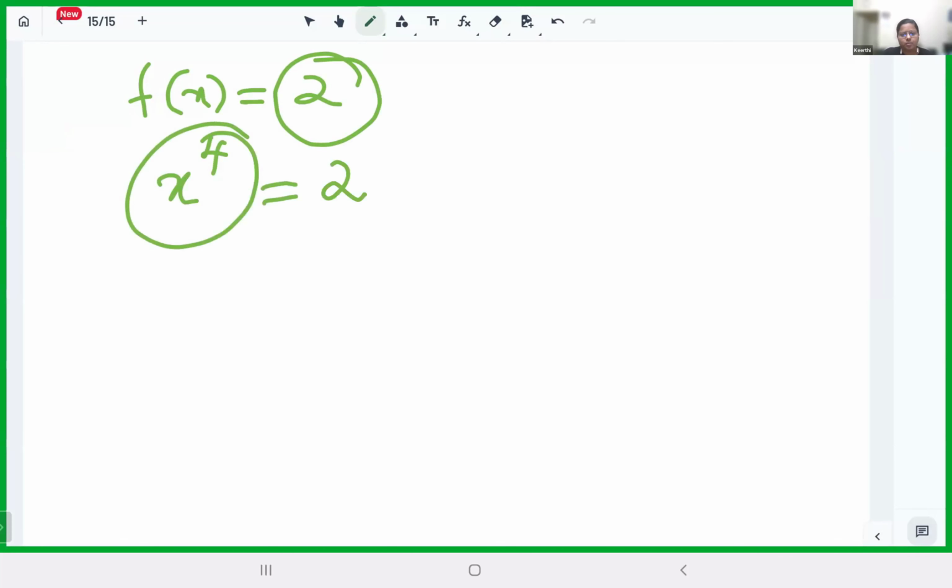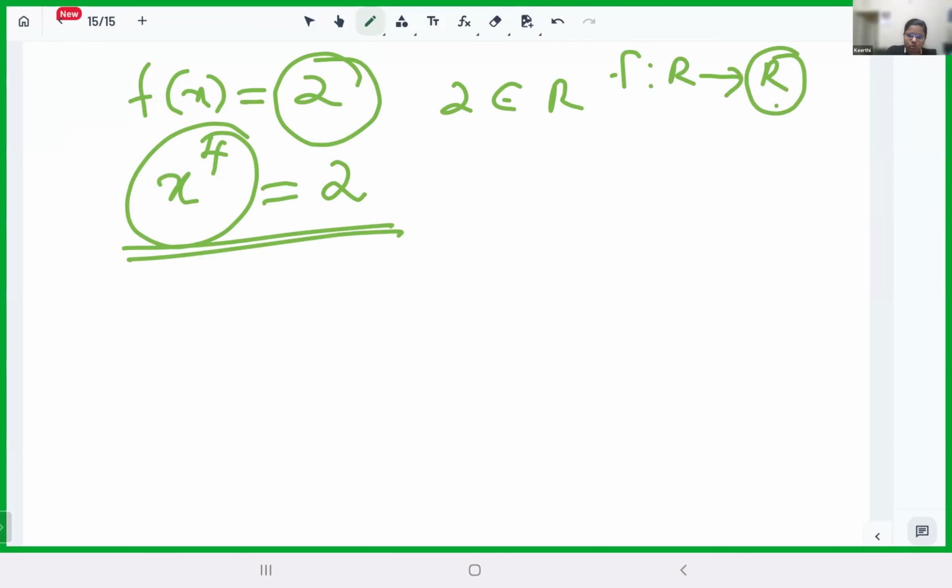Any number raised to 4 cannot be equal to 2, right? So no value of x satisfies that. That is, f of x cannot be equal to 2. And we know that 2 belongs to R. f is defined from R to R, which means R has the element 2, but 2 has no pre-image, which means it is not onto.